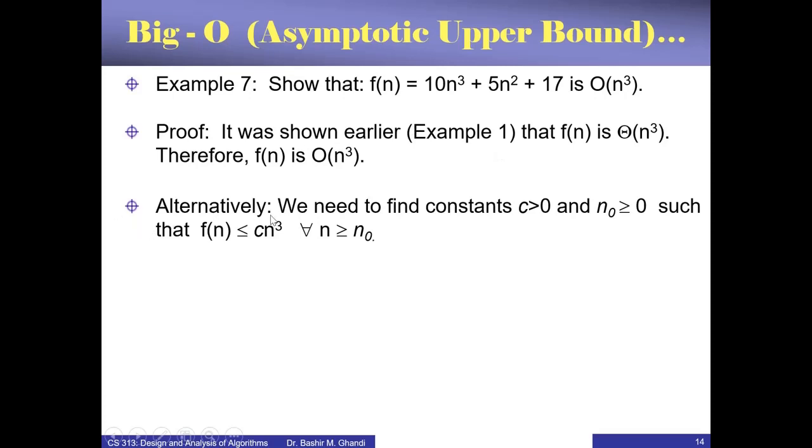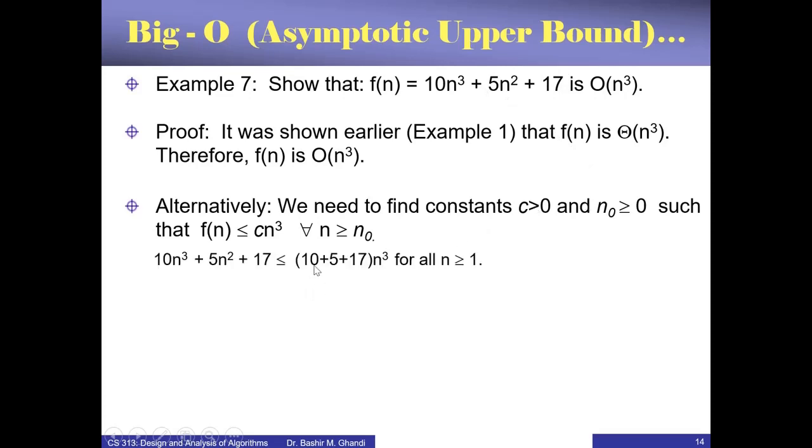So here I say alternatively, we do it according to the definition. We need to find two constants, c greater than 0 and n naught greater or equal to 0, such that Fn is less than or equal to Cg, that is Cn cubed, for all n greater than n naught. And all we have to do to find the C is the same way we did to find the C2. Just upgrade these two other terms to n cubed as well.